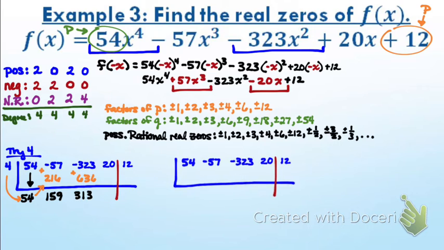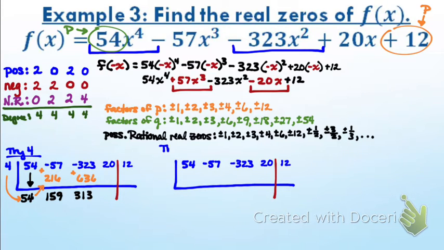All right, what do you want to try next then? 2. Let's try 2. So I'm going to bring the 54 down. 2 times 54. 108. Negative 57 plus 108. I'm sorry, you said how much? 51. My apologies.